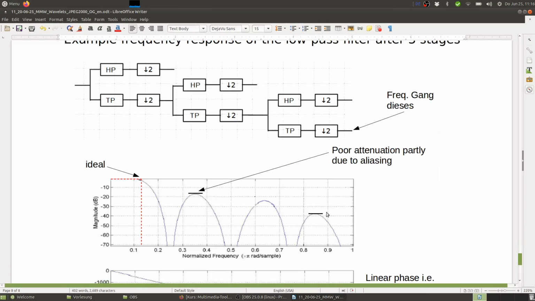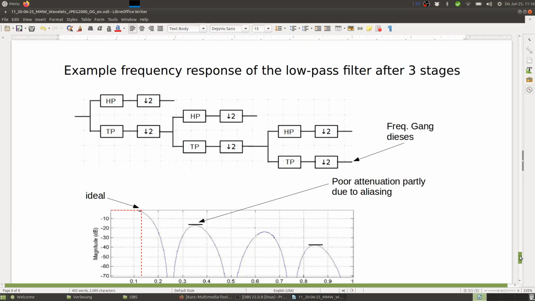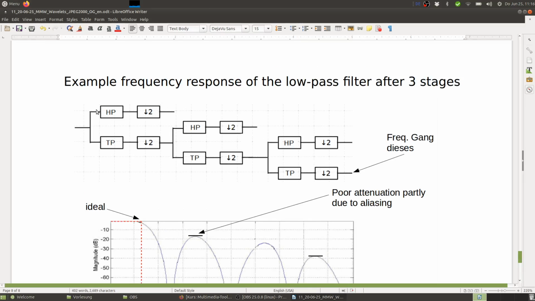Right? So this can be seen here in this plot. Here I have a one-dimensional example, for instance, for the rows. Here I have 3 stages with non-perfect filters. And after each downsampling, we will get aliasing because of non-perfect filters. And then I'm looking at the frequency response at this point here.